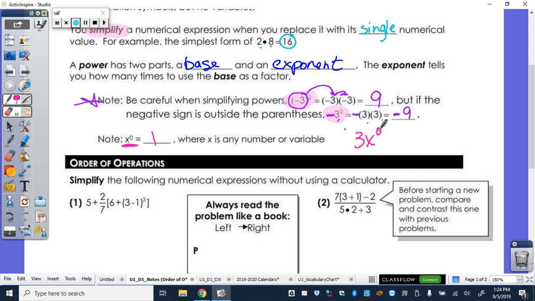X. Is it attached to the 3? No. Is it now attached to the 3? Yes, because of the parentheses. Parentheses means it's attached. So this whole thing would turn into a 1. This whole thing would end up turning into 3 times 1 because only your x turns into a 1. So it ends up being a 3 for that. So you got to pay attention. Parentheses make a big deal.